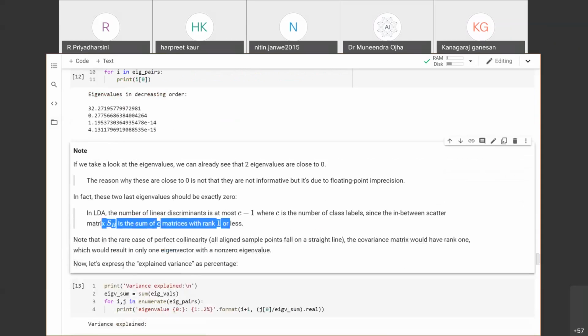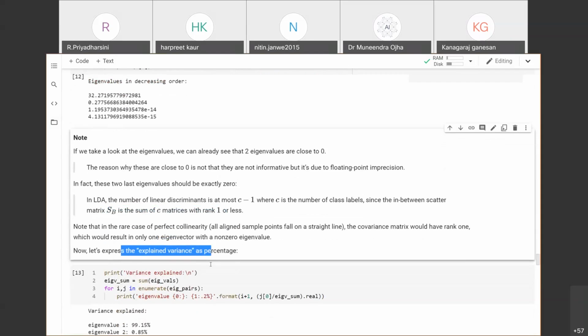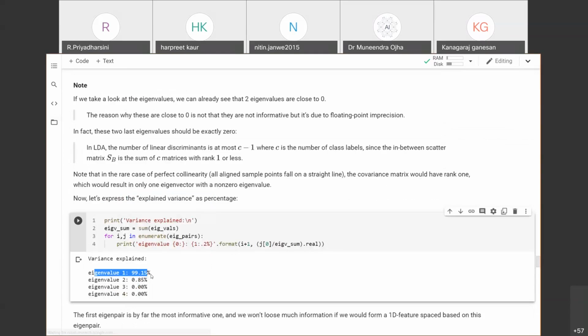Now let's express the explained variance as a percentage. Again, I'm taking the same concept of how many linear discriminants we should select and how many we should drop, and for that I'm again taking the cue from variance explained. The first eigenvalue explains 99.15% of overall variability.